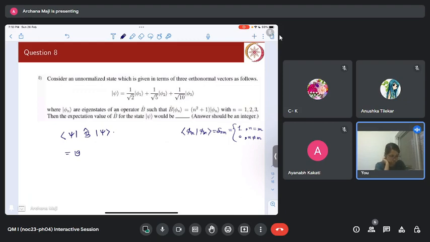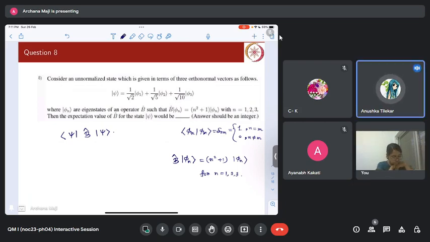So you should use this condition, that is B on phi n is n square plus 1 phi n for n equal to 1, 2 and 3. Anyone else? You can maybe do it again.